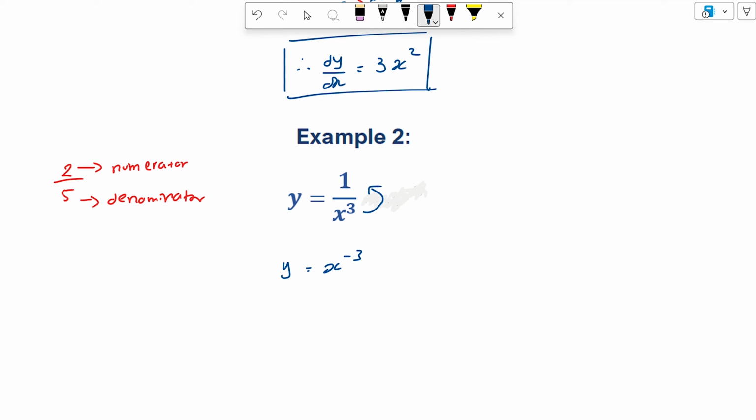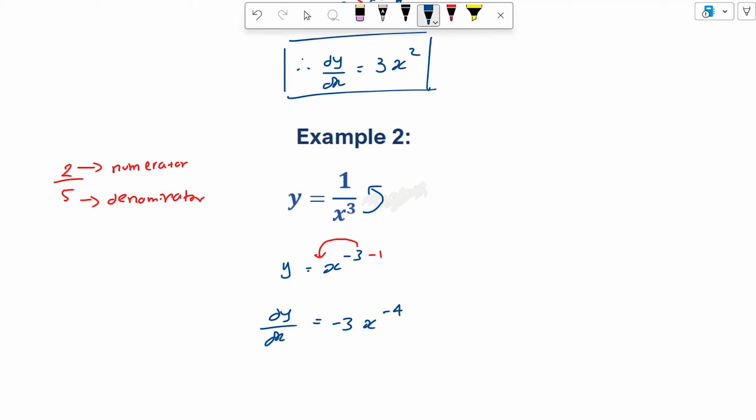Now we can differentiate this. So dy over dx, the same logic applies as before. Bring down the exponent and subtract the exponent by 1. So minus 3x, minus 3 minus 1, that's minus 4.